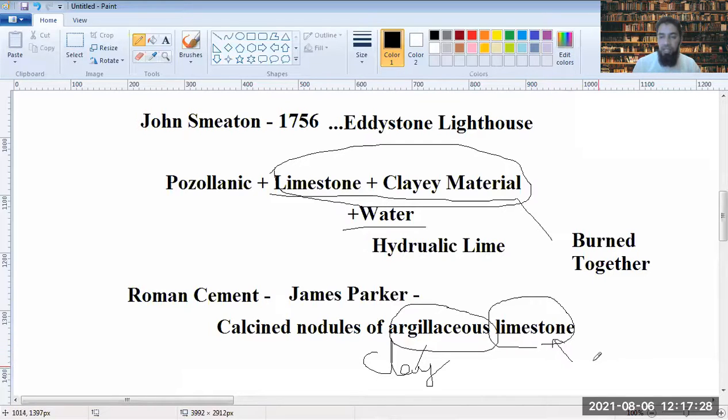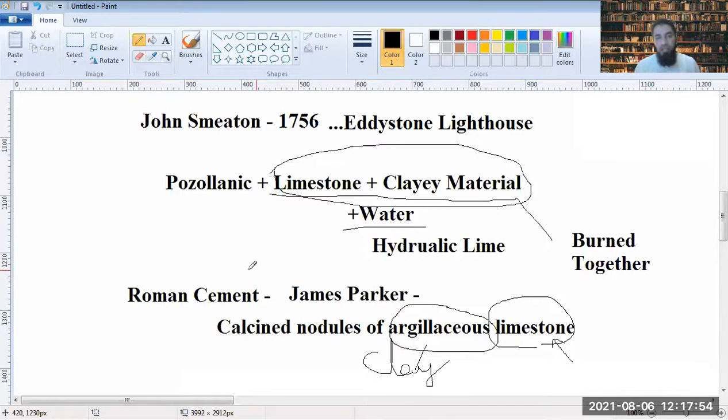Then it is combined with limestone, which has a predominant component of silicates and calcium again. So limestone and clay are burnt together. The nodules are formed, and the nodules are then calcined with gypsum.